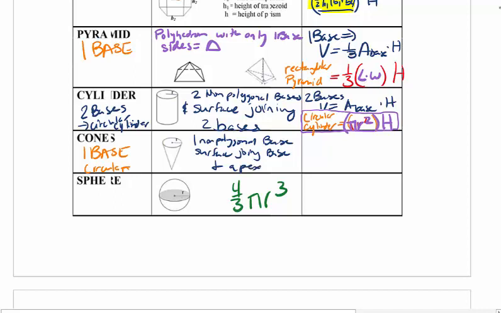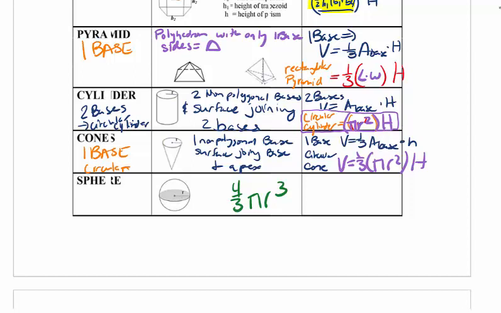There is 1 base, so our formula says the volume is 1/3 area of the base times the height. We are going to now deal with what's called our circular cone, which is like an ice cream cone, waffle cone type idea. So this would be volume equals 1/3 pi r squared times h, which is the distance between the apex and the base. Again, not new.